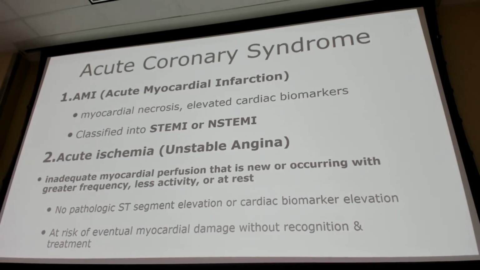On the top we have some sort of occlusion, whereas in unstable angina, they'll have some sort of stable lesion, and maybe they've increased their exercise, but you don't see any pathologic findings. They don't have any cardiac biomarker elevation, but they do have a risk for eventual myocardial infarction. We'll talk about how we risk stratify those patients with our HEART score and other treatments.